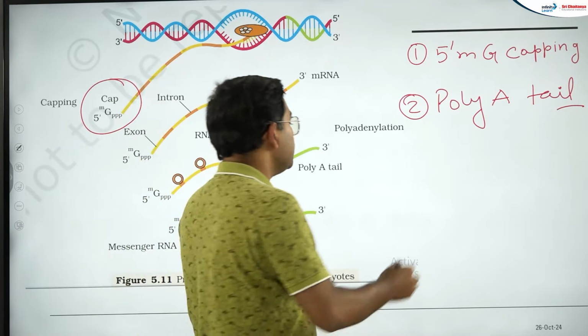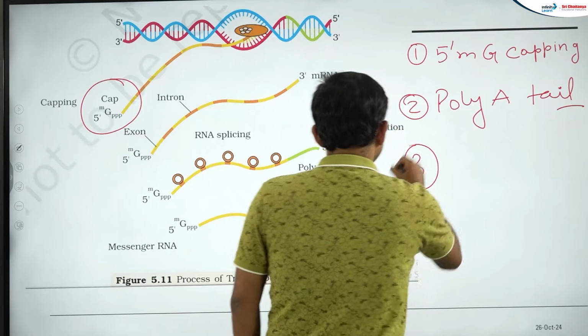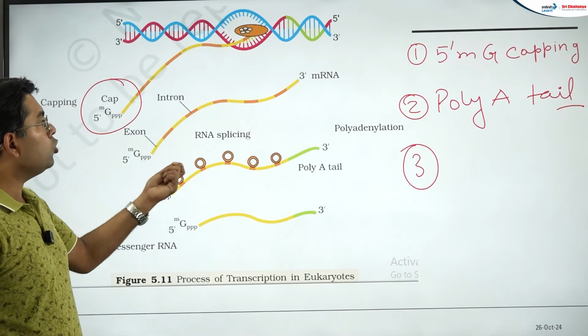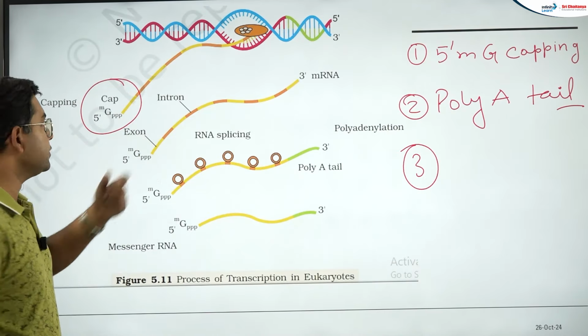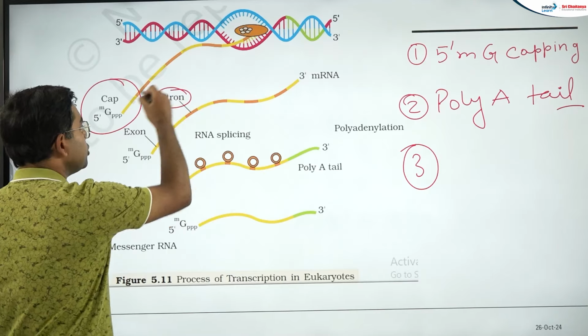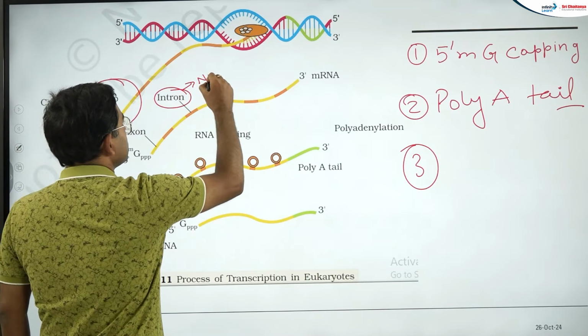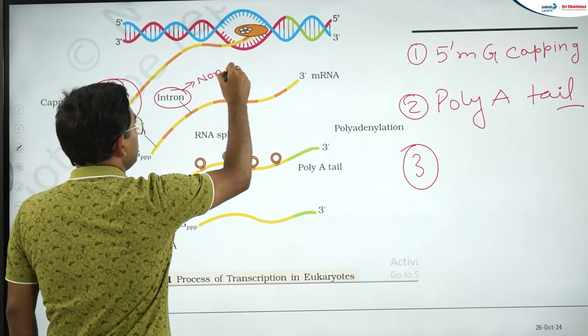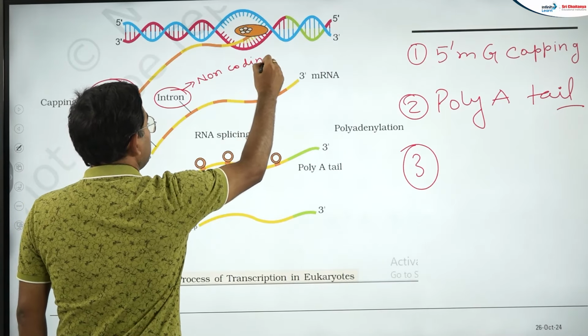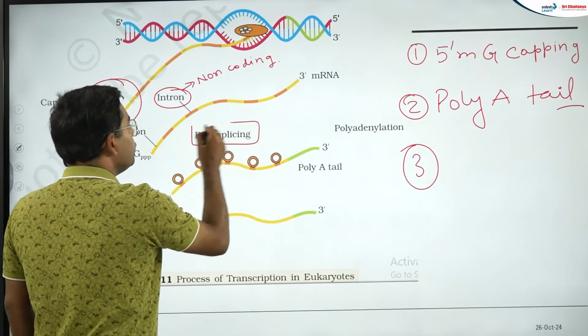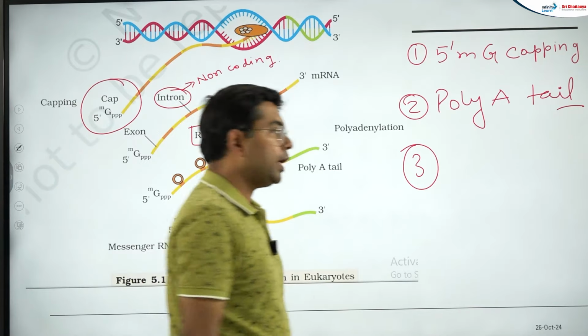Then comes the third modification. As I said, this has both coding and non-coding sequence. As you can see here, introns are present, and this is the non-coding part. You have to remove the non-coding part, and it is removed through RNA splicing.